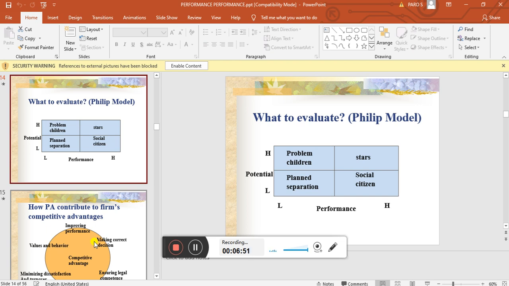So problem children employees are generally counseled by the management. If that employee has high potential and of course is performing very high, these are our stars. And if the performance is high but the potential is low, we call it social citizen.